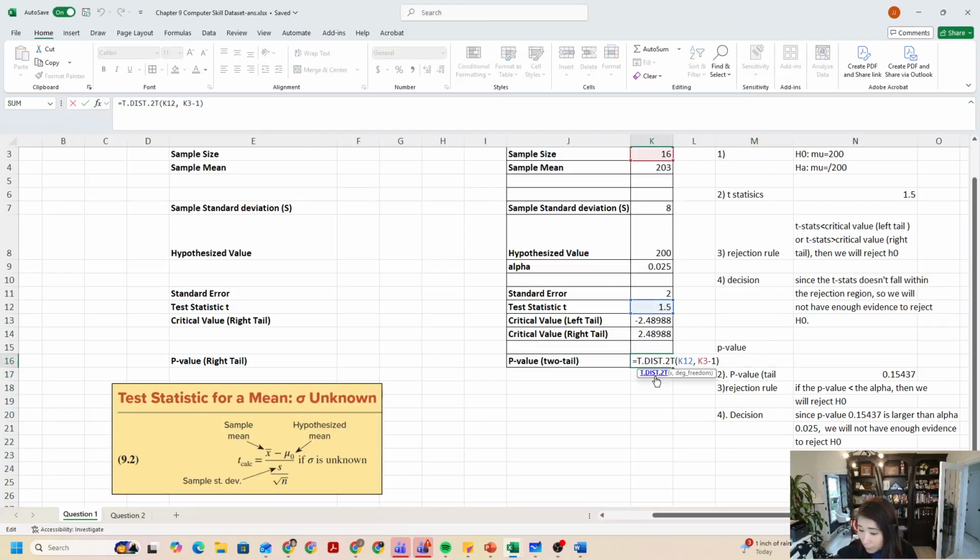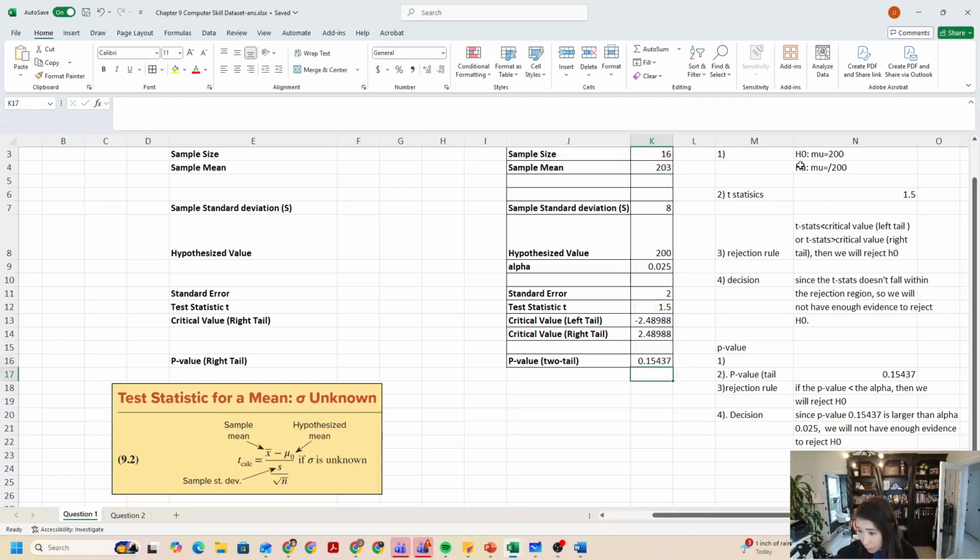The way we calculate the p-value, we are using a different formula: T.DIST.2T, DIST stands for distribution. The other one we use is inverse, INV. The first entry is going to be the t statistic you calculated using the critical value approach, and then the degrees of freedom. That will give you the p-value.